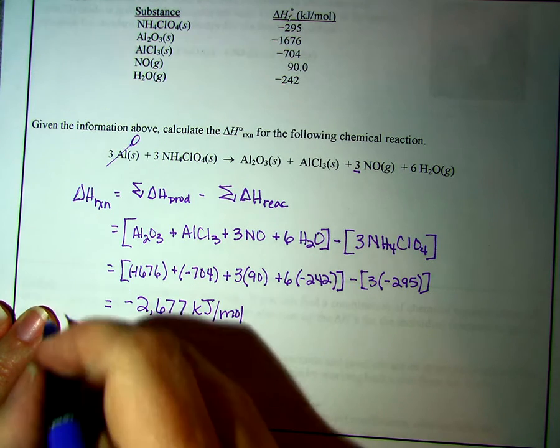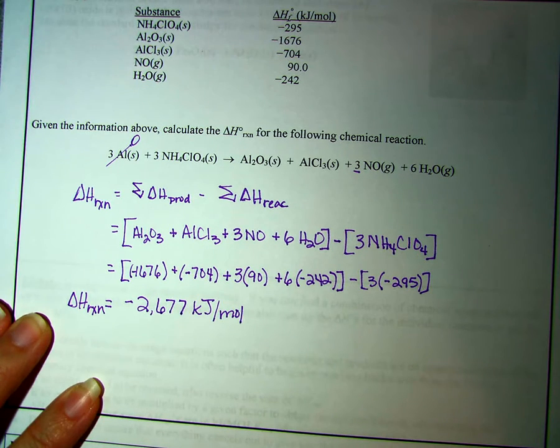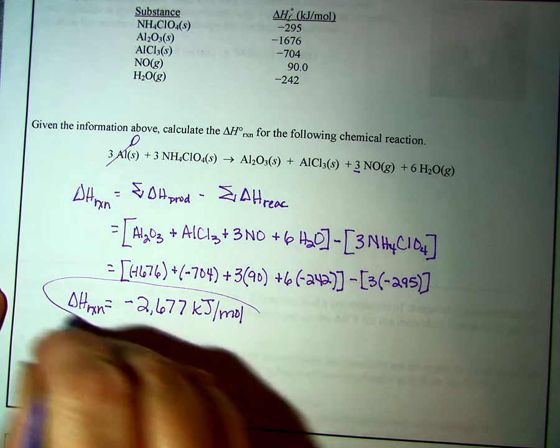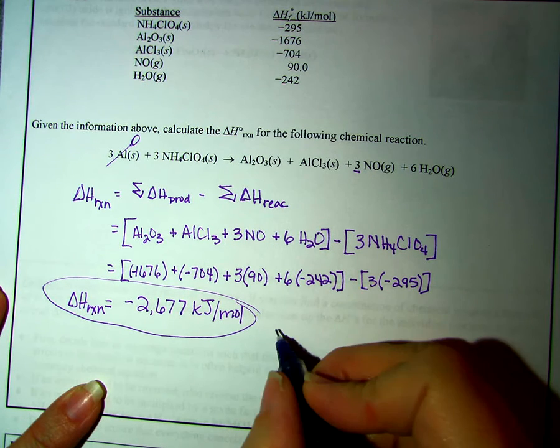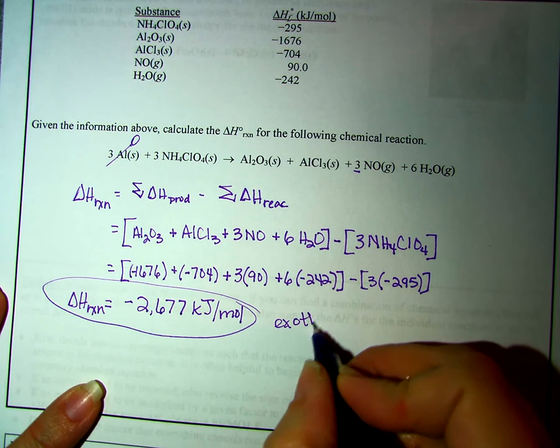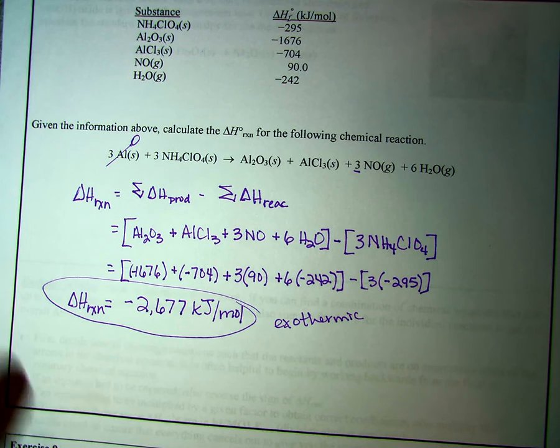So our delta H of the reaction, the whole reaction, is equal to negative 2,677 kilojoules per mole. And since it's negative, it is an exothermic reaction. Remember, a negative delta H means an exothermic.